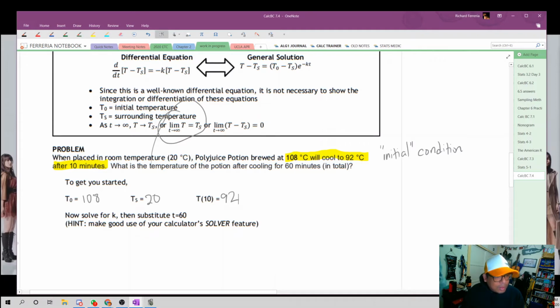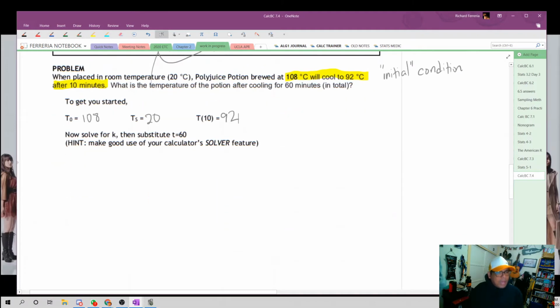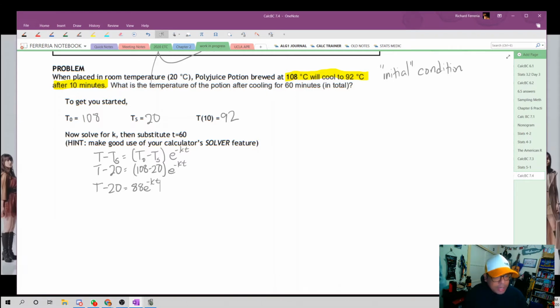Okay. So we're going to solve for k, and we should look at the Newton's law of cooling equation. Here's the equation for Newton's law of cooling. When we substitute the initial temperature T naught and the surrounding temperature Ts, T minus 20 equals 88 e to the negative kt.